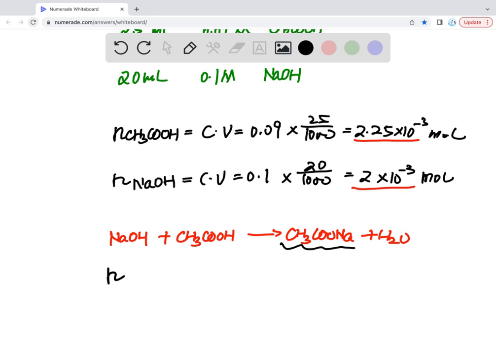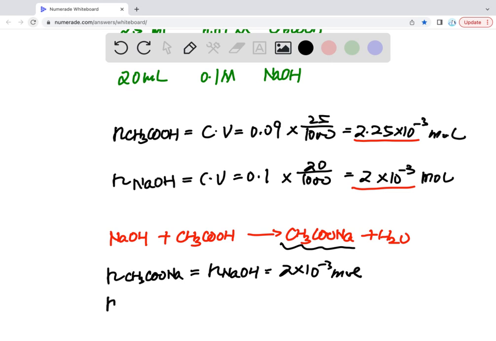So first, what we can calculate is the moles of the sodium acetate here. That's equal to the moles of the sodium hydroxide, so it's about 2 times 10 to the minus 3 mol.